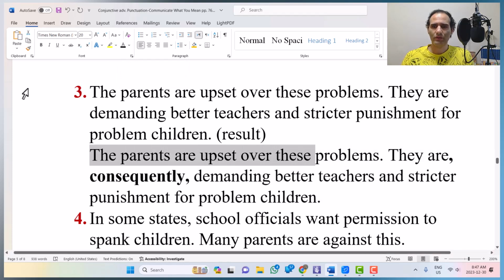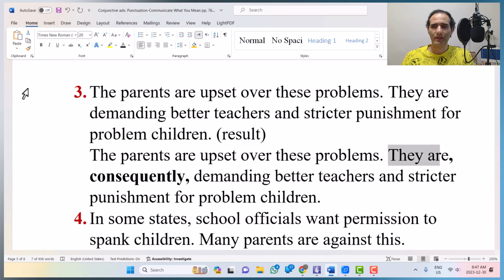Parents are upset over these problems. They are consequently, comma. Why? Because the conjunctive adverb has fallen in the middle of one clause, not connecting two clauses. It is in the middle of one clause. Information on this comes in the previous video, video 11.